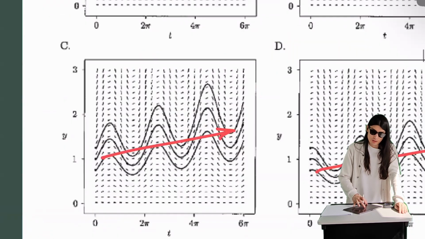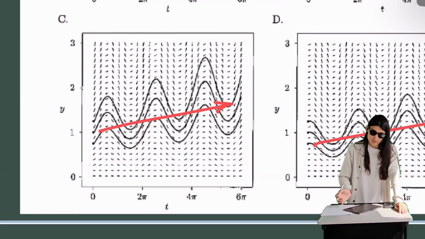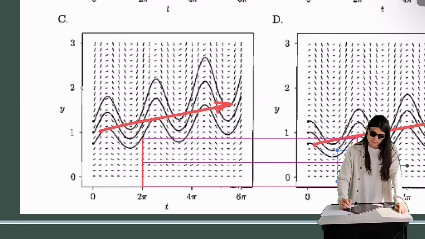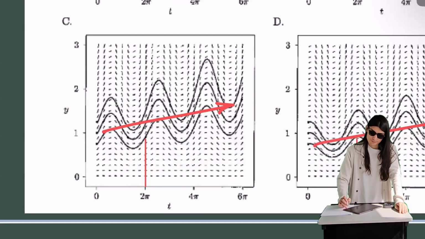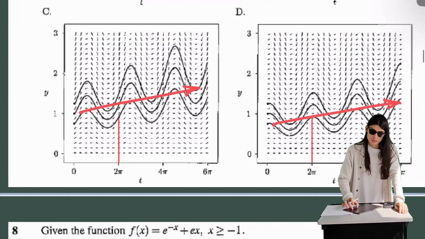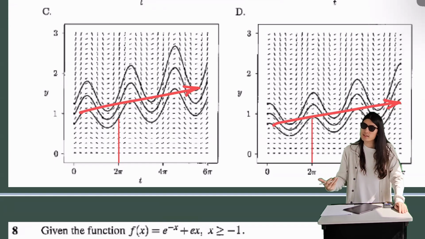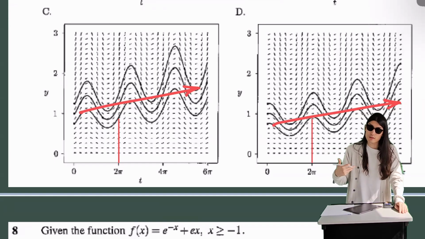So in particular, if you have a look at C and D, at t equals 2 pi, C shows a solution that's increasing at t equals 2 pi, doesn't it? But D shows a solution that is stationary at t equals 2 pi.